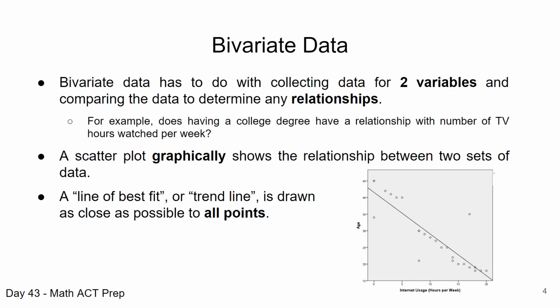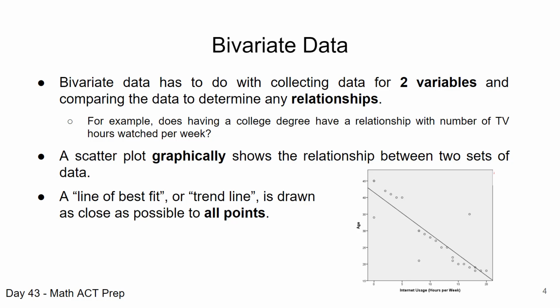As you can see, the point that occurs at about 17 hours of internet usage and maybe around 36 years of age is one particular outlier. There's a couple of others that you can spot on here. When drawing a line of best fit, there are lots of different software packages that can be used.